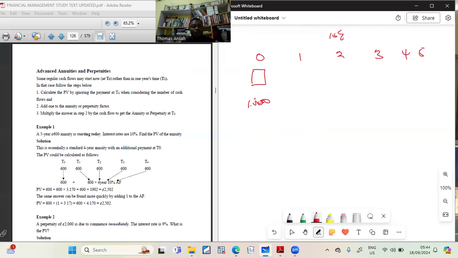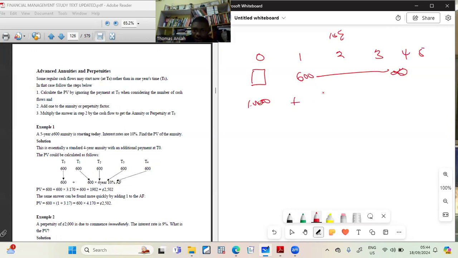So if you now have a question that says that the thing is going to be in perpetuity for the same amount, let's say 600 to infinity, starting at year 0 or in advance or at the beginning of the year, then it means that our first one will be represented by 1.